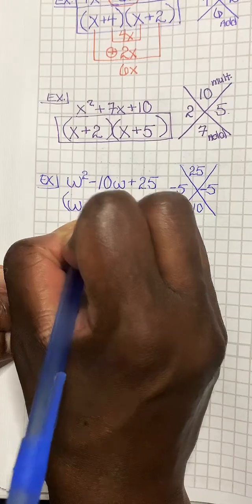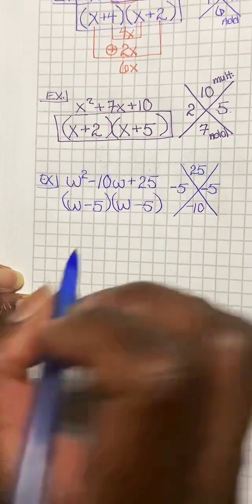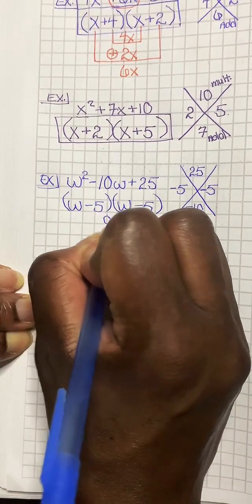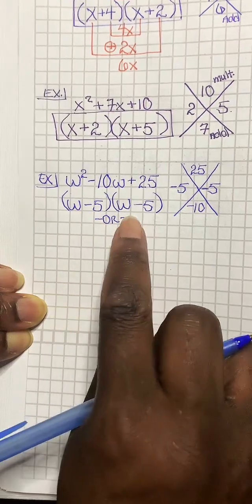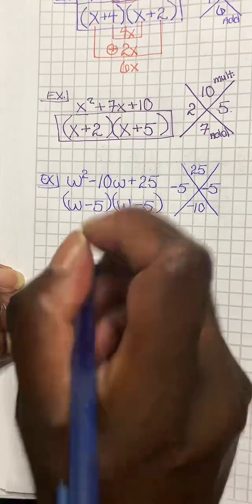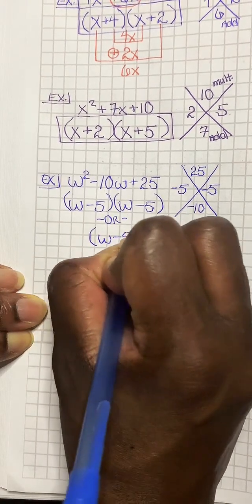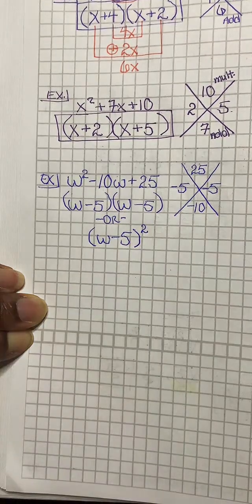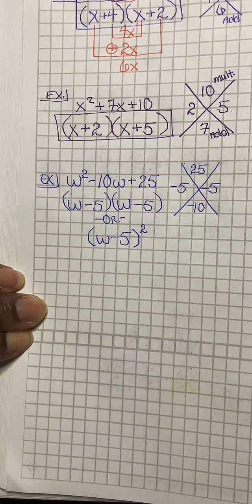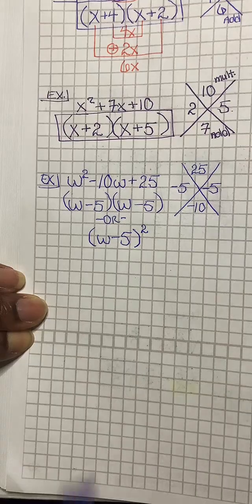So I have a -5 here and a -5 here. And this is what got me excited, because since both parentheses are exactly the same, you can write this answer with one parenthesis, but you will square it. Okay, depending on what the situation is, both of these answers are acceptable. Okay, both of them are acceptable.